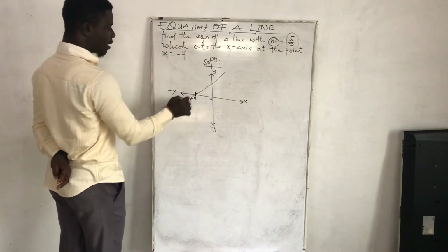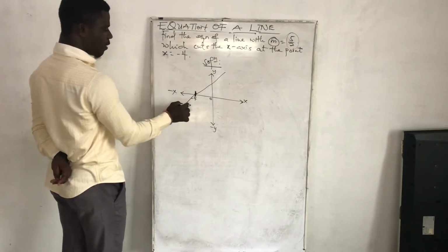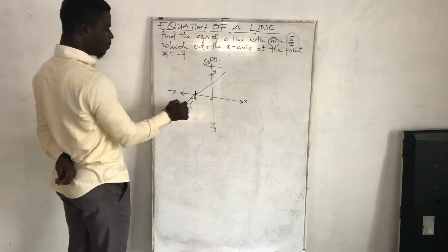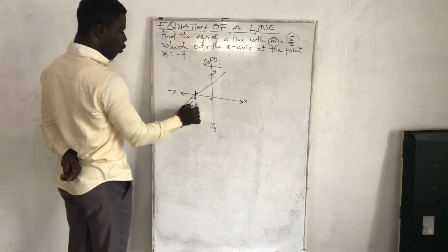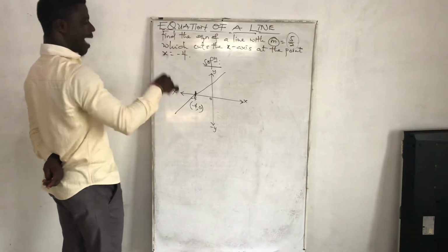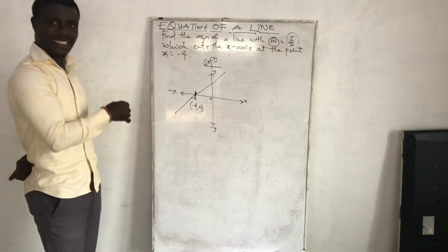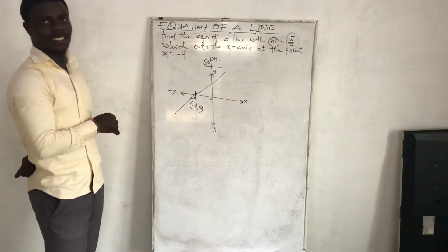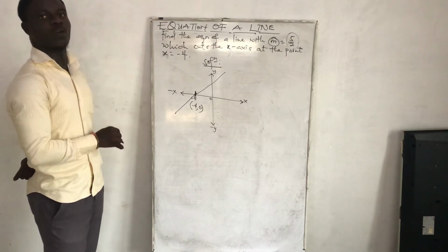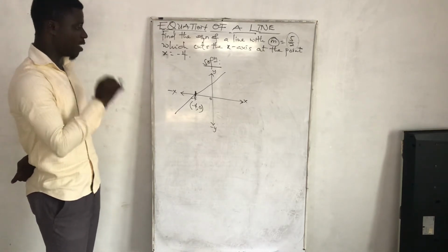If it cuts the x-axis at x equals -4, then our point is (-4, 0), because y must be 0. That's the x-intercept. For every x-intercept, y equals 0.